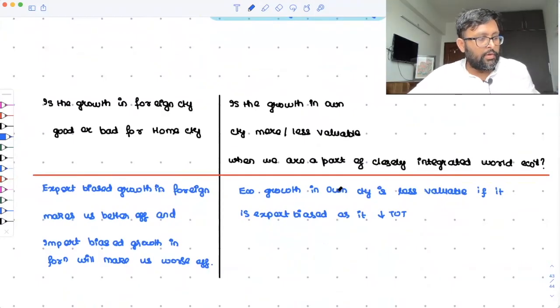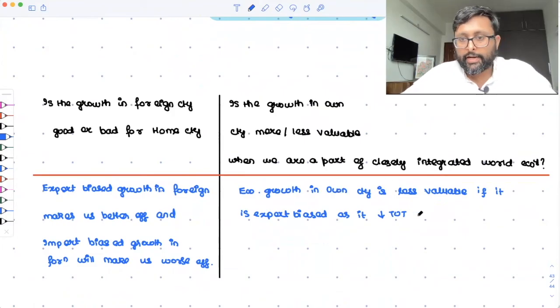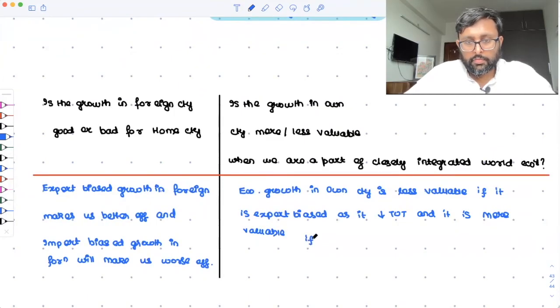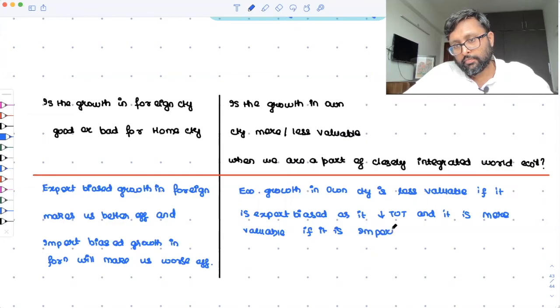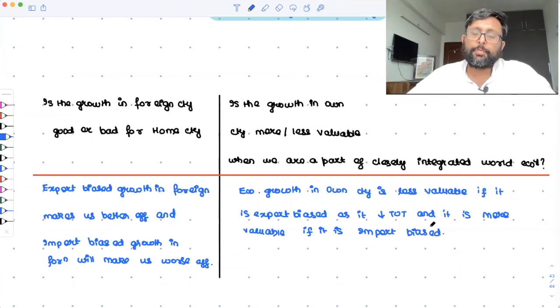And it is more valuable if it is import biased.